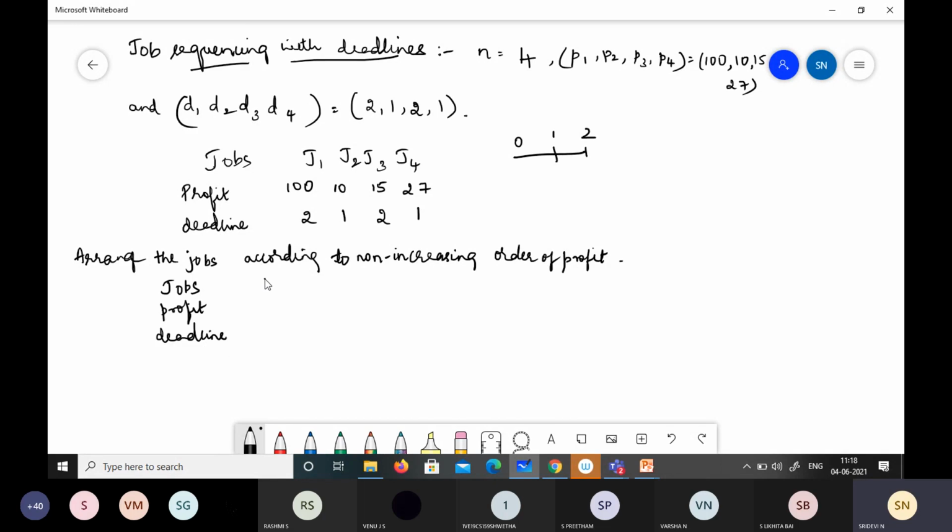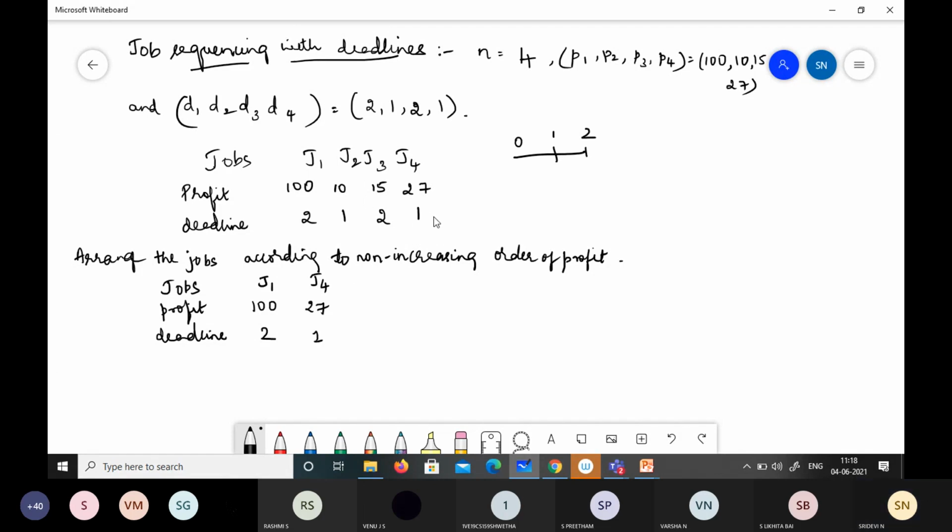What is the first job we have to take up, which has the highest profit? 100. So we take that job with its deadline. Which is the next job with the highest profit after J1? J4. What is the profit associated with that? 27. What is the deadline? 1. Which is the next one?